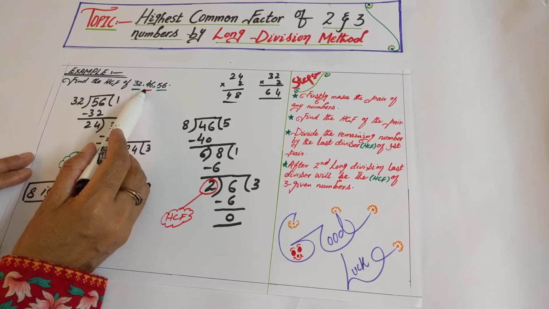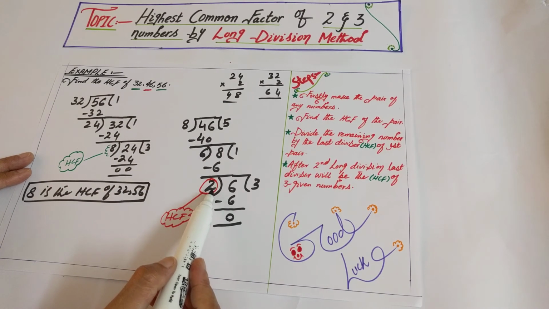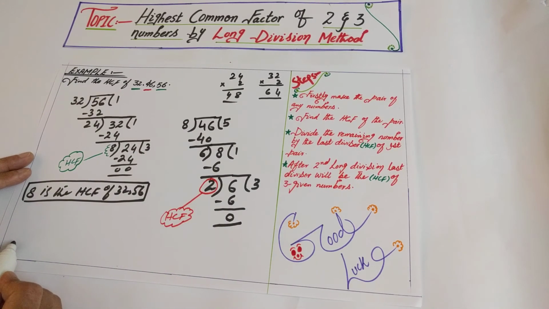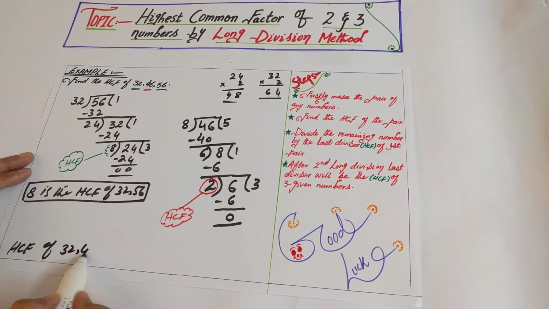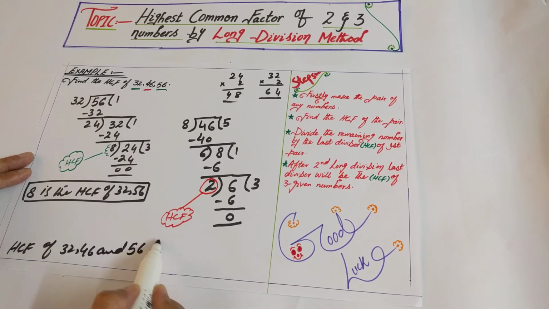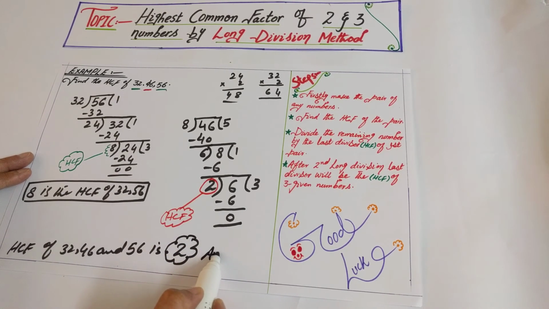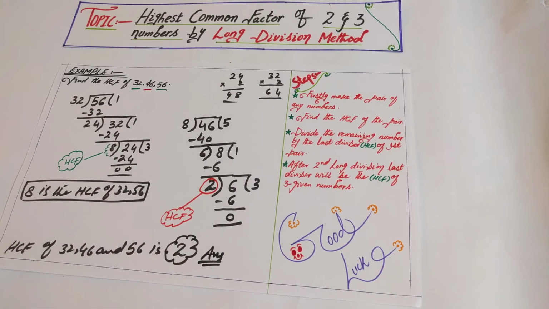After dividing the last left number, in this second long division, the last divisor will be the HCF of these three numbers. So the HCF of 32, 46 and 56 is 2. So our answer is 2.